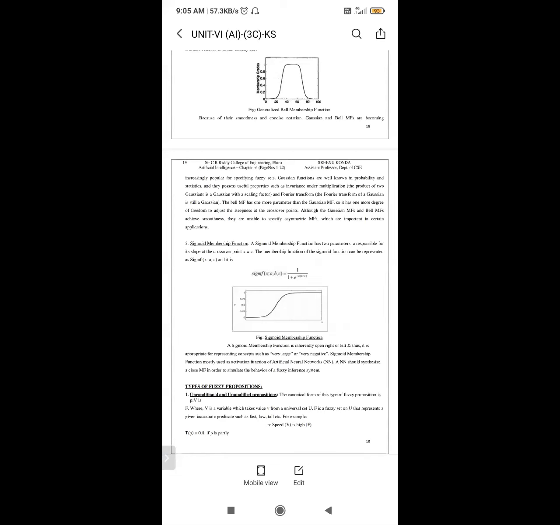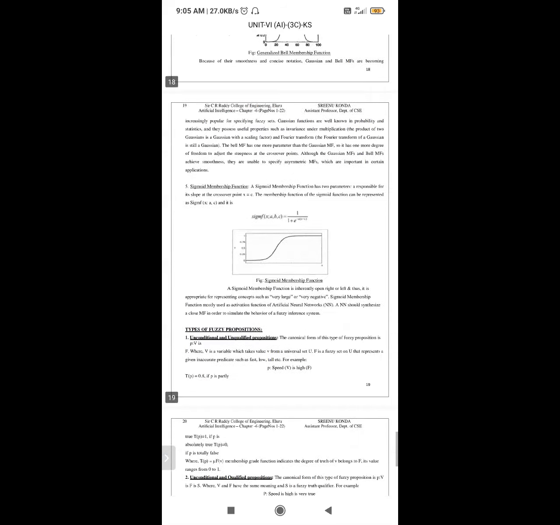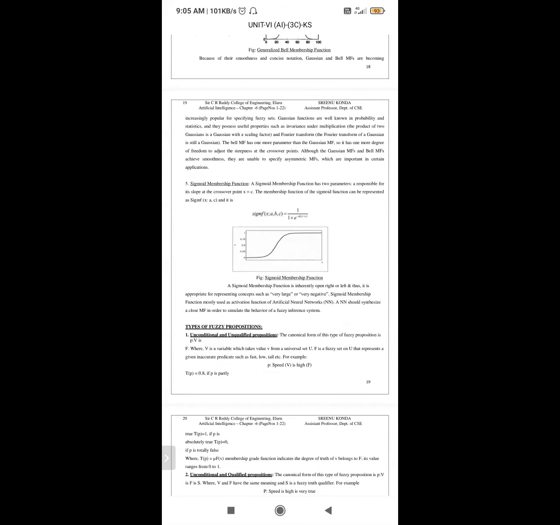This ANN uses the sigmoid function to simulate the behavior of a fuzzy inference system. So this is regarding the types of membership functions, right?